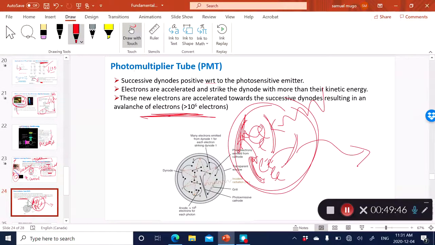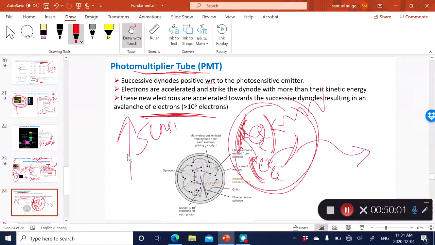And that is what you refer to as a photomultiplier tube. And as the name suggests, I've just multiplied the number of phototubes that are present. Okay? And that way, again, I get a very high sensitivity.